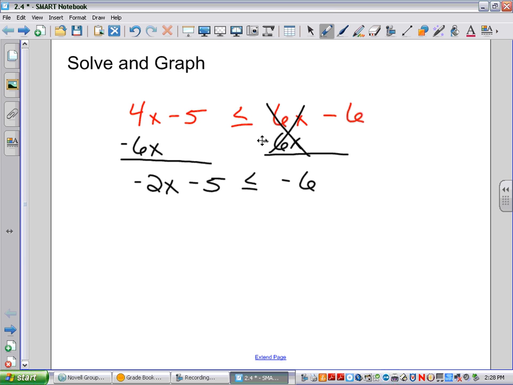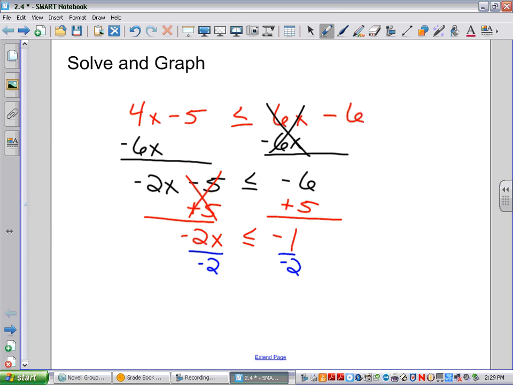Keep going, keep solving it. The next thing you would do is add 5 to both sides. Mark out your opposites. Negative 2x is less than or equal to, that would be a negative 1. Keep solving it. You want to divide by negative 2.